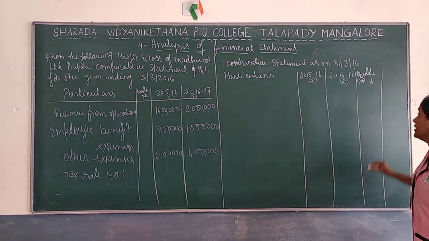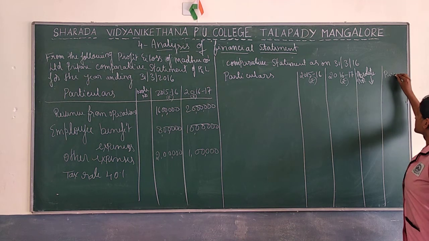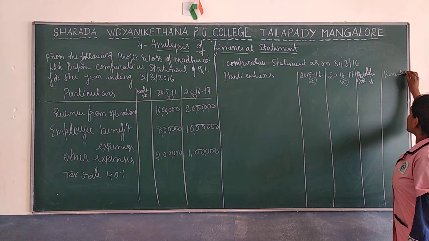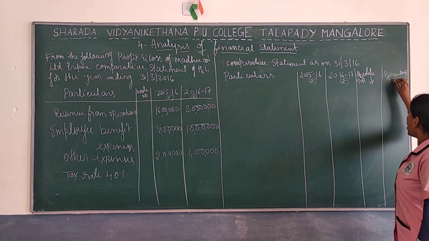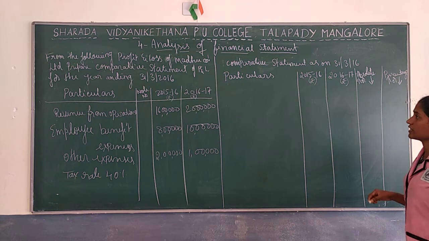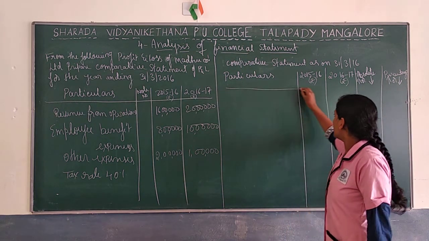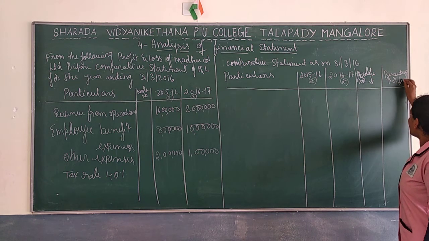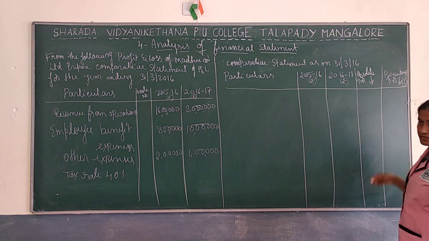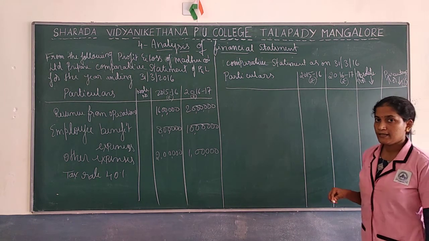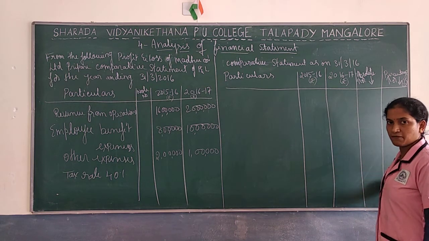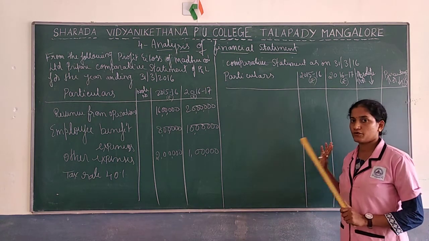Next we have the percentage increase or decrease. You have to underline and show the percentage sign inside the bracket, so there is no need to write the percentage sign for the other entries. Once you write it here, it is enough.